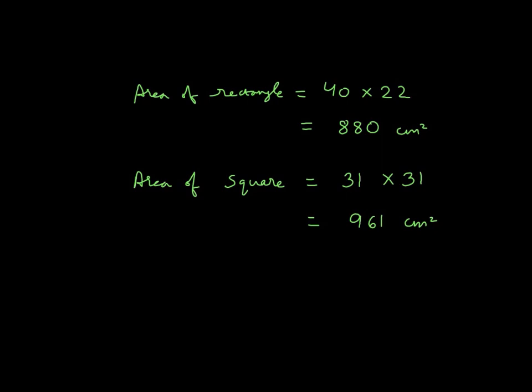Now looking at these two areas, rectangle and square, we are absolutely sure that area of square is more than the area of rectangle. So this will be our answer. Area of square is greater than the area of rectangle in this case.